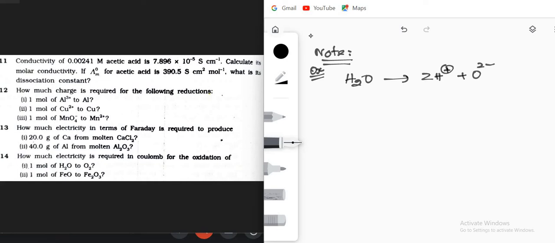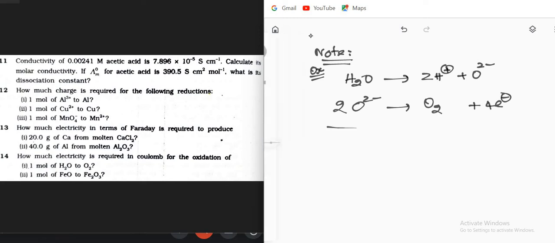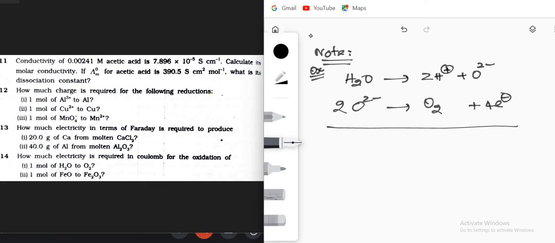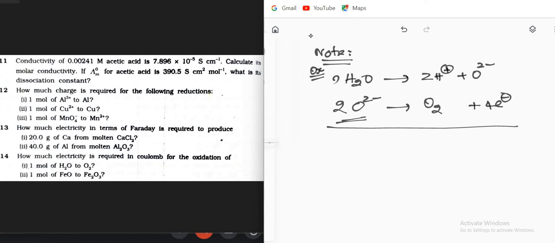Then this oxide ion O2- releases 2 electrons. Each oxide ion releases 2 electrons, so I'll take 2 O2-. 2 O2- ions release 4 electrons and give you an oxygen molecule. Now if I add the two reactions, I will get the overall oxidation reaction. But before adding, in the left hand side I have 2 O2-, but in the first reaction right hand side we have only 1 O2-, so multiply throughout by 2.